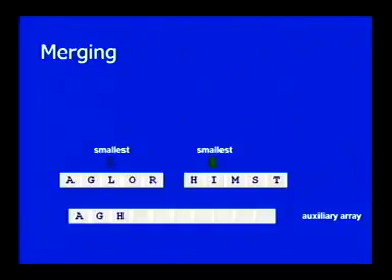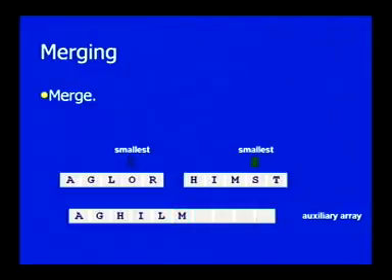Now, the comparison is between L and I. You can see smaller is L, O and M, O and S, R and S. Now, you can see what happens now is the first array is totally exhausted.